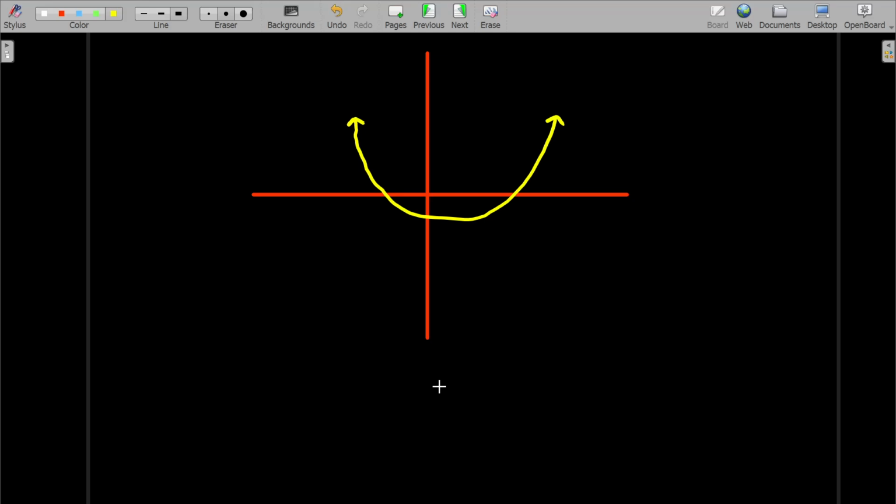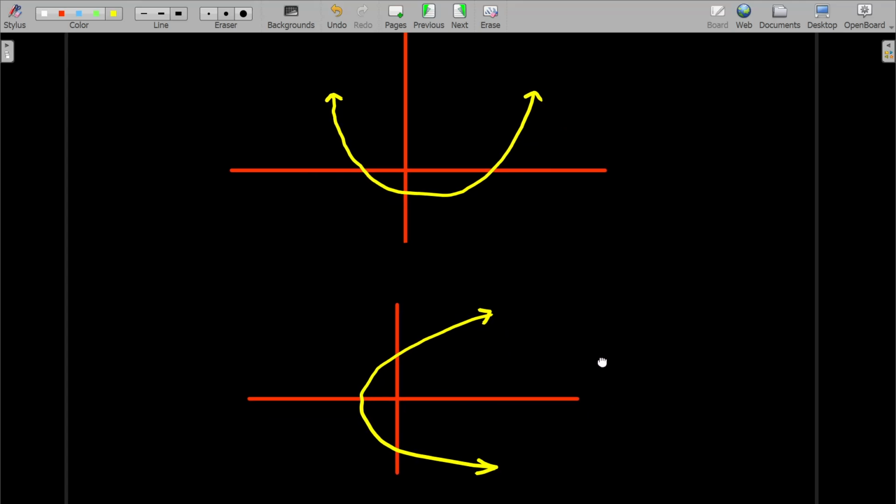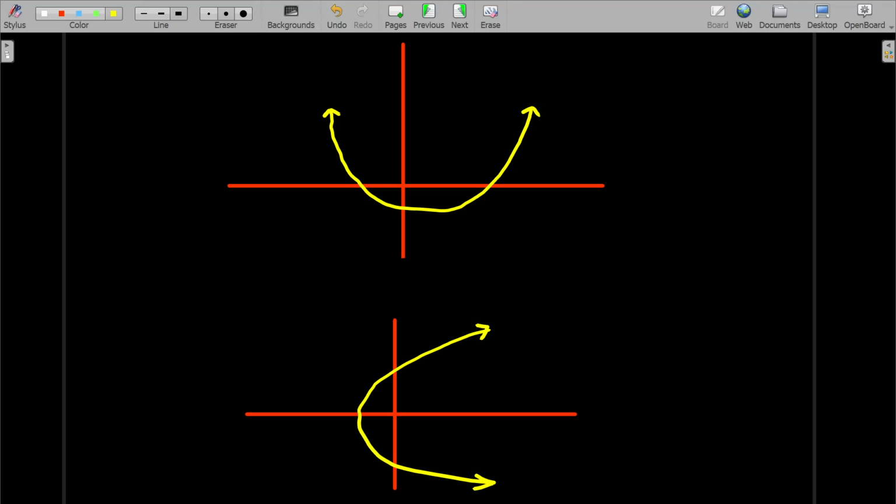Can you tell if this is the graph of a function? Okay, let me draw one more. This is also a parabola. So we have two parabolas. One of them is a function, one of them is not.